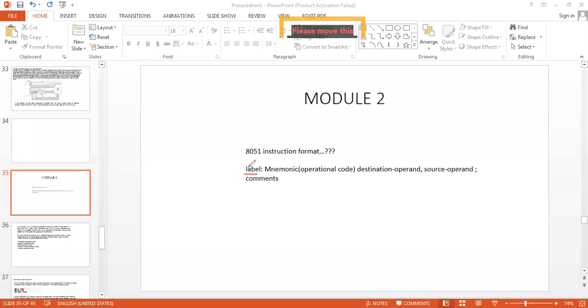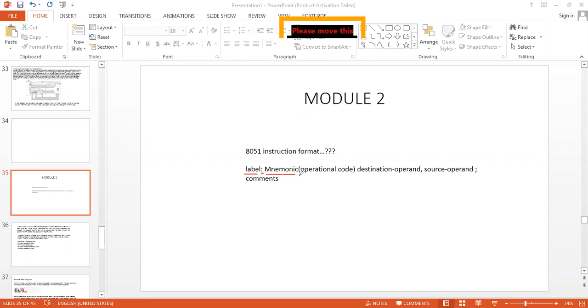address, the memory location of the instruction. That address is pointing to the memory location where the instruction is going to be stored. Then we should write a colon. Then there should be a mnemonic.